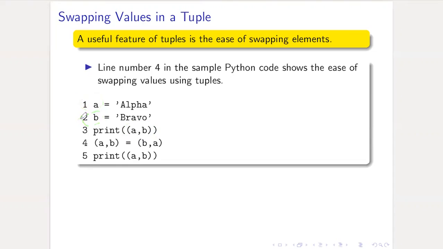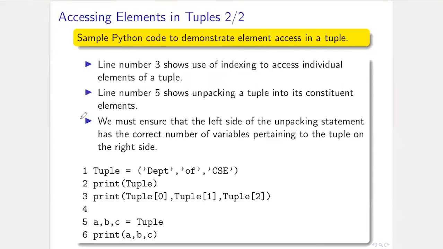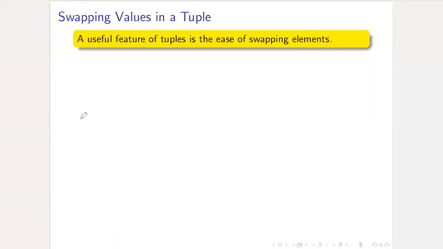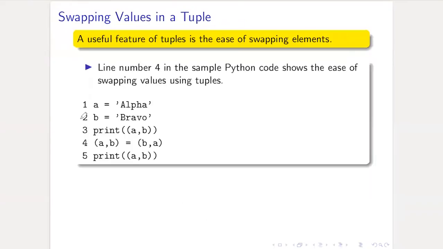I don't actually have a variable tuple here. I haven't declared a variable tuple as earlier. For example, here I have the variable called capital T, a variable of type tuple. Here what I have is A and B, which are just strings.